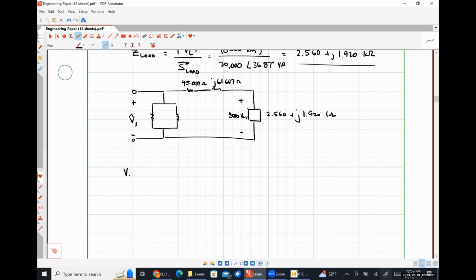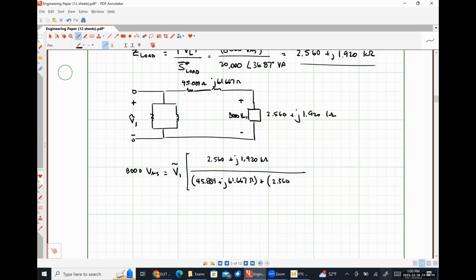So we could say that V1, actually, using voltage division, we would say that 8,000 volts RMS is equal to V1 times 2.560 plus J1.920 kiloohms divided by 45.889 plus J61.667 ohms in series with 2.560 plus J1.920 kiloohms.